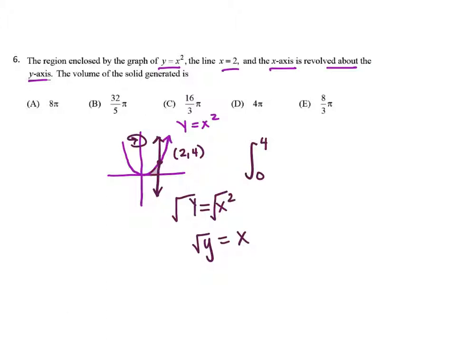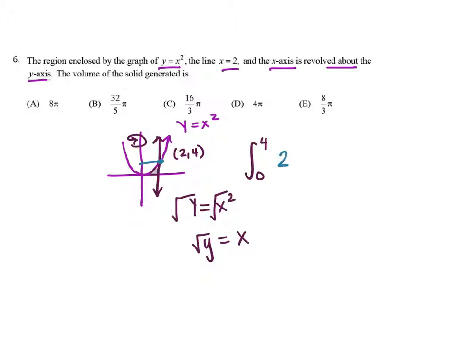So we are not flush with our axis of rotation. So our big R value is going to be from here, our farthest away function, all the way over to our axis of rotation. And so keep in mind that that's going to be my line x equals 2, all the way over to x equals 0.